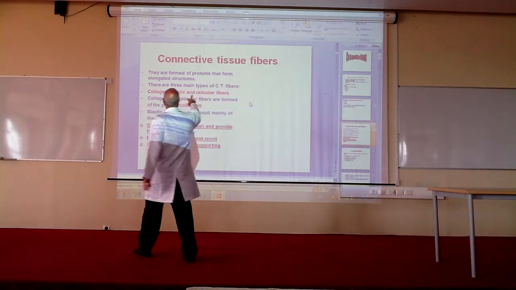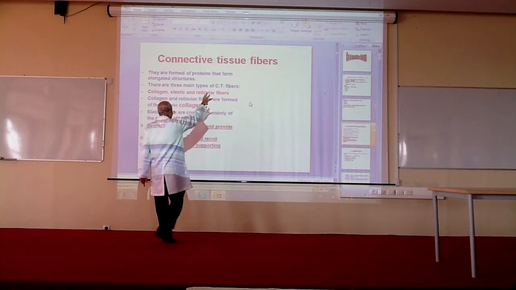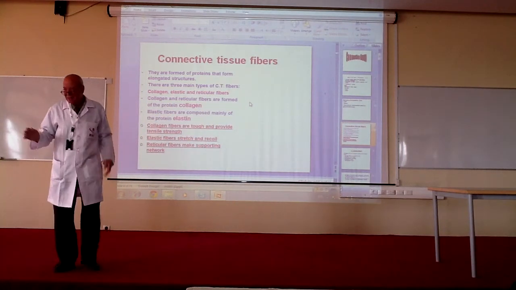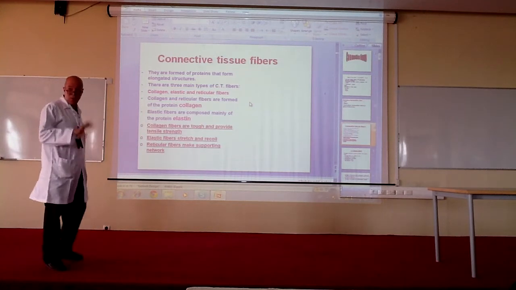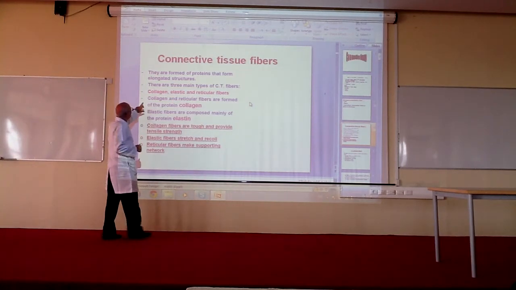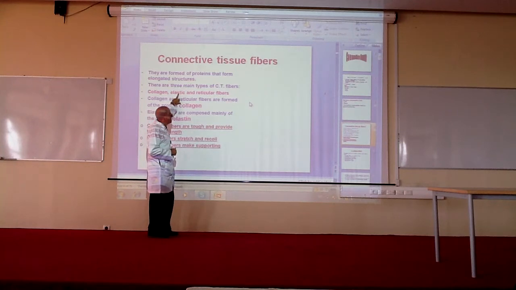There are 3 main types of connective tissue fibers. When we say main types, there are a few other small types. What are the 3 main? Collagen fibers, which contain collagen protein. Elastic fibers, which contain the elastin protein.